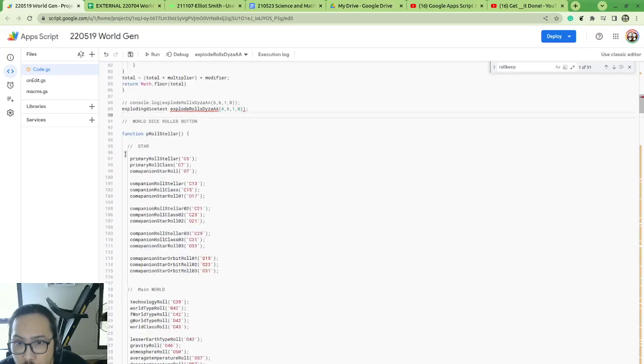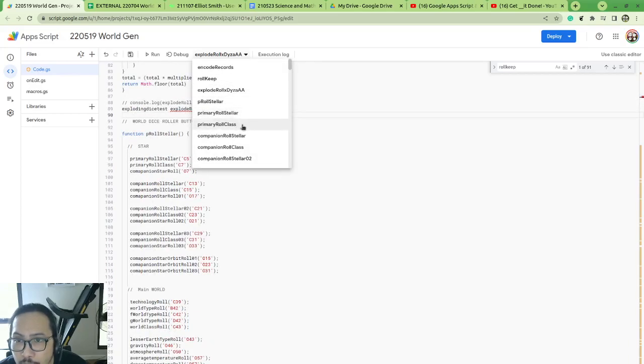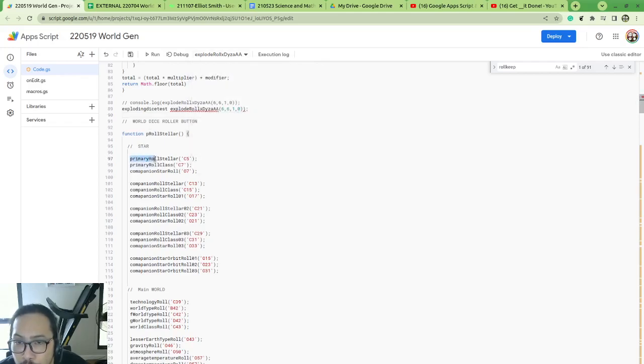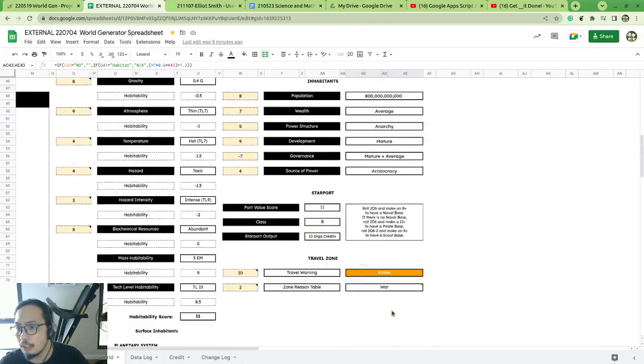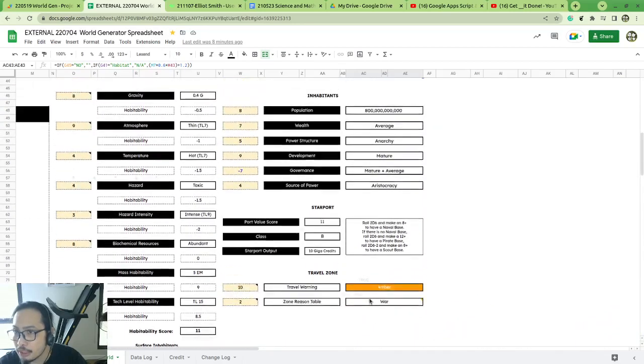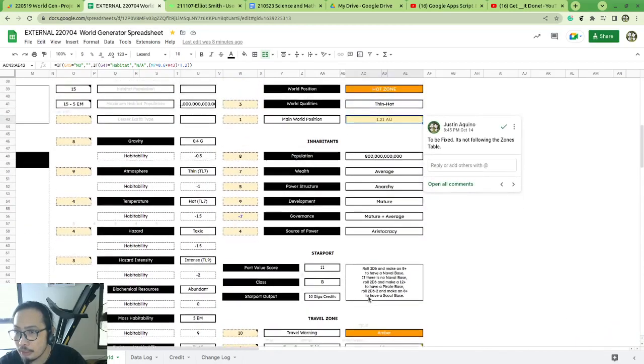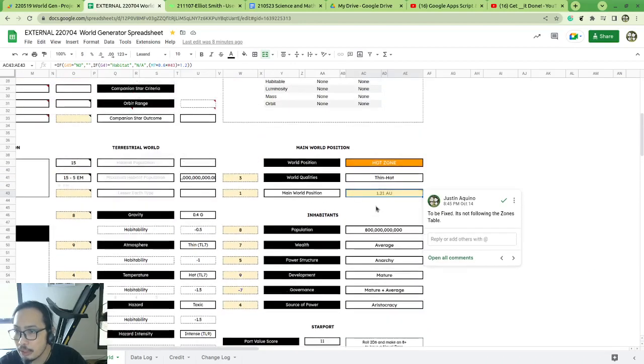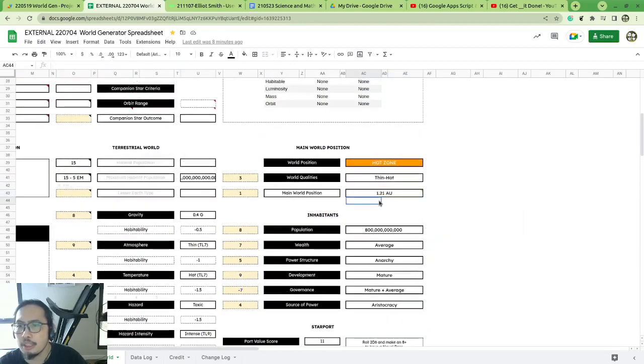Primary roll stellar is a function that tells you to roll this function in this cell. So we're going to do that for a particular cell. Let's put it near that place that I messed up. Oh, here. Let's put it in AC44.